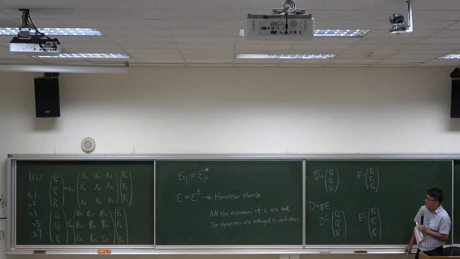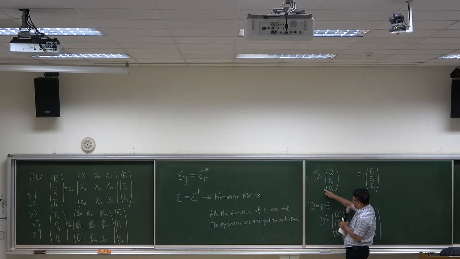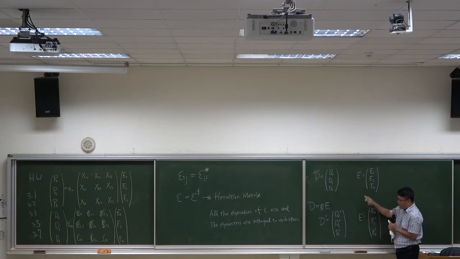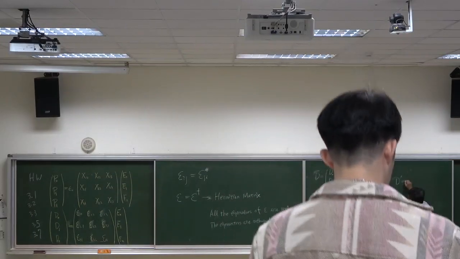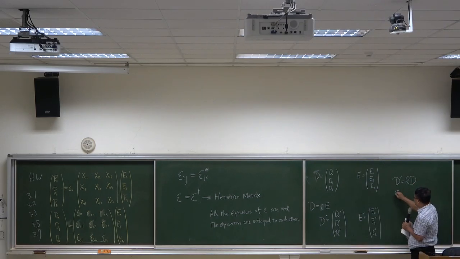Okay. The D and the D prime, or E and E prime, are related by this relation. Here R is the rotation matrix.